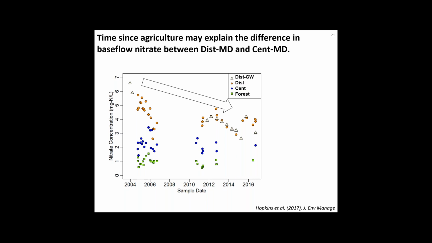So groundwater concentrations are shown as the triangles in this figure. And in the groundwater, the concentrations have gone from 6 milligrams per liter to about 3 milligrams per liter today. So kind of a halving of nitrate concentrations over the course of about 10 years or so.